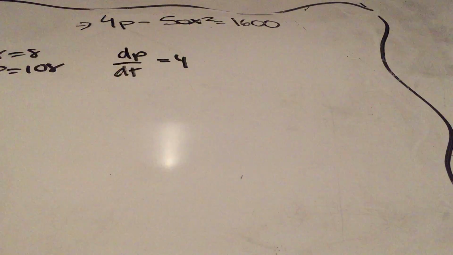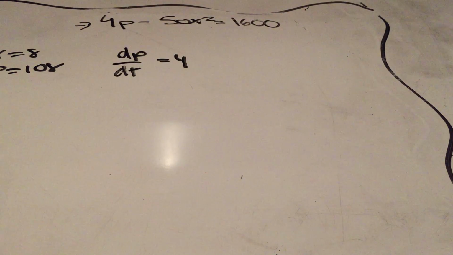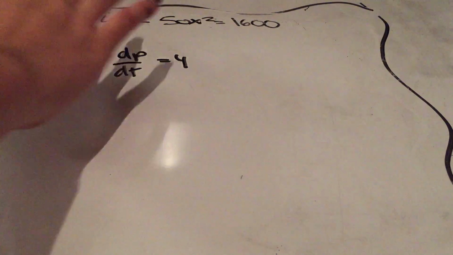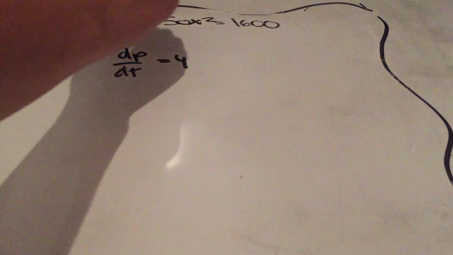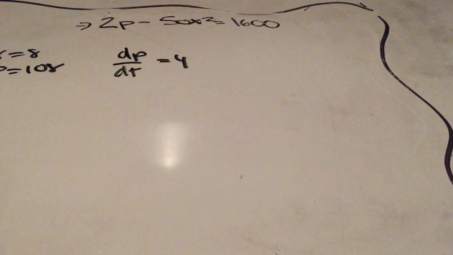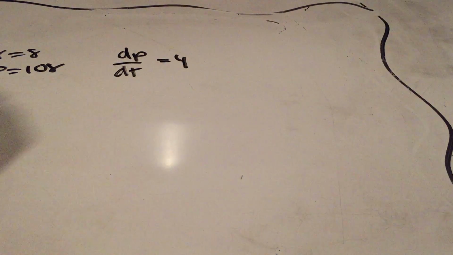So this is very similar to the last example. So we're going to take the derivative of this equation. Oops, I forgot the equation changed. Different equation now, guys. Alright, so the equation is 2p minus 3x squared equals 24.